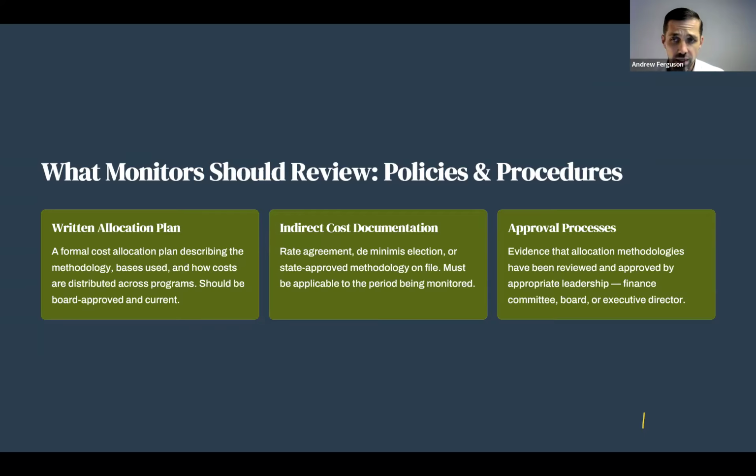And if it's not, I know sometimes, for example, the NICRA, the negotiated rate agreement, especially with the delays and how slow things are with the shutdowns and all the things going on at the federal level.